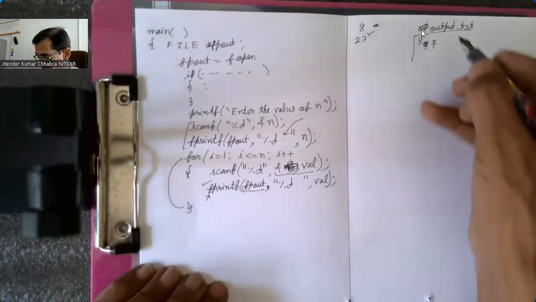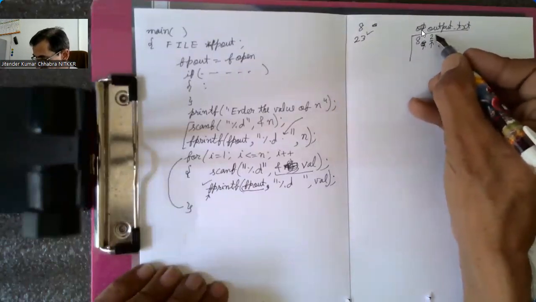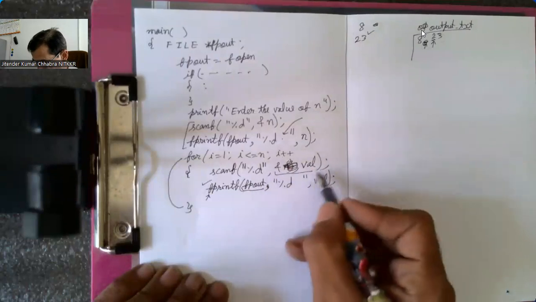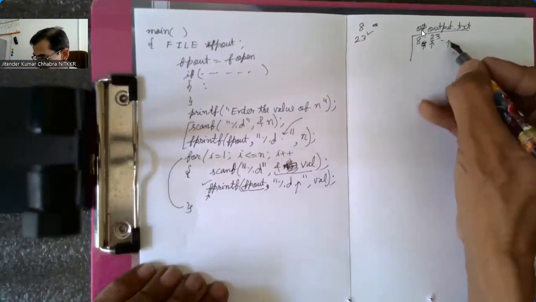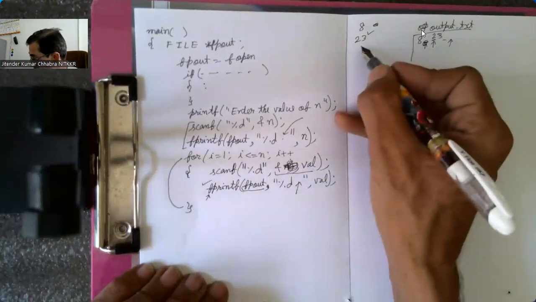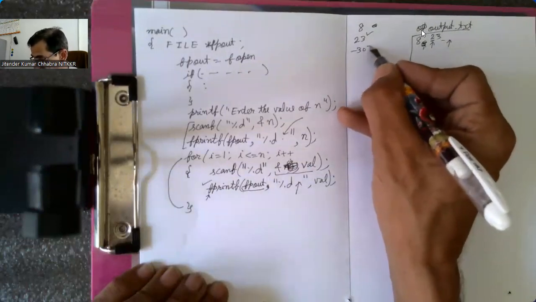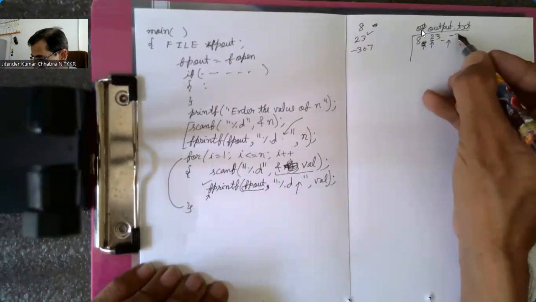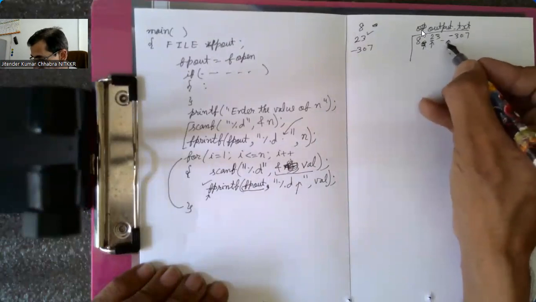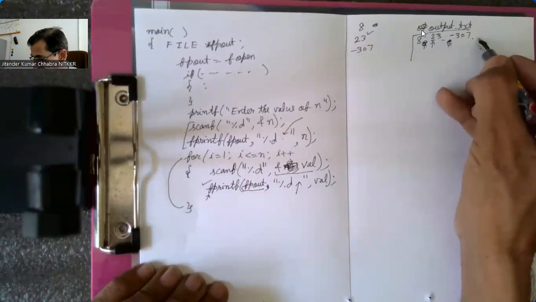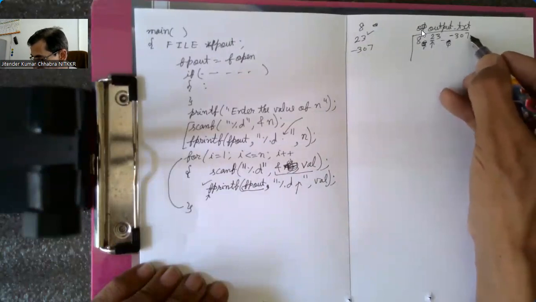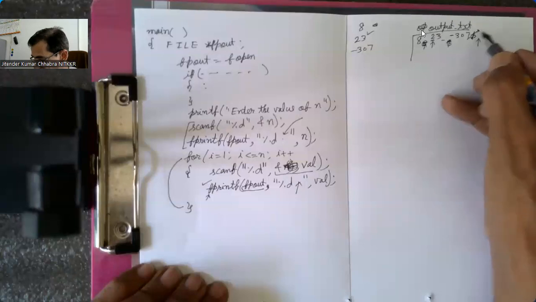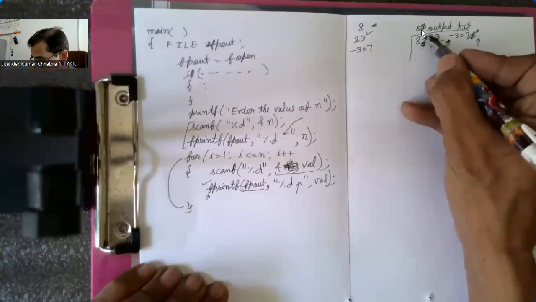Now you have given 23, and 23 will be written here. You have also written a blank here, so after this 23, one blank, and the cursor comes here. You gave after this minus 307, so it will write minus 307. The cursor keeps on shifting, and after that you have written one blank. So one blank is also here. Blank we normally show like this, so a blank is appearing in between.